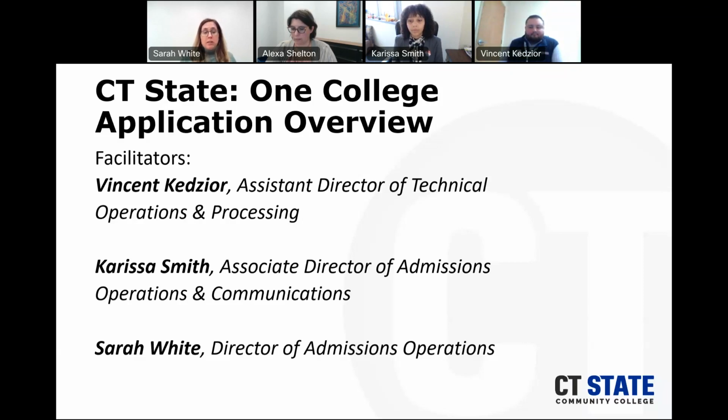So we took the knowledge that we learned over basically a year and a half at this point, and in January 2021, a steering committee was built of folks from all the campuses, some people who were involved in the first iteration of CRM Recruit, to look at what we need to fold into this one college application.